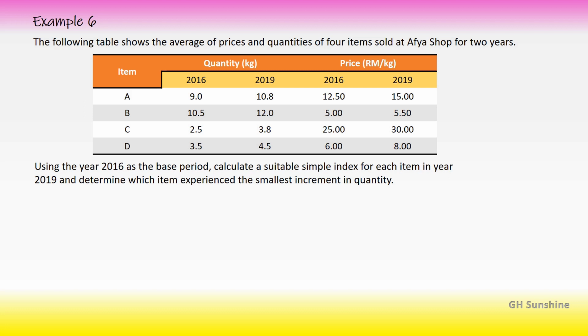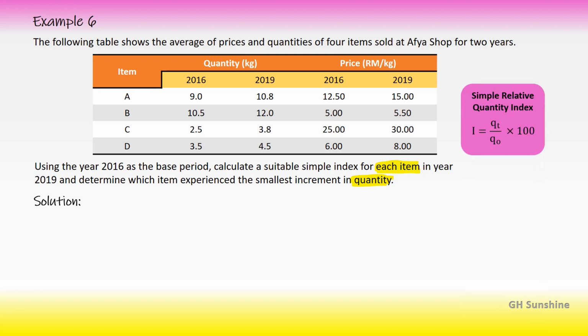So this one is an indirect question. But look at this: what each item? Second is quantity. So when you need to calculate simple index for each item based on quantity, you just need to use simple relative quantity index, QT and Q naught.